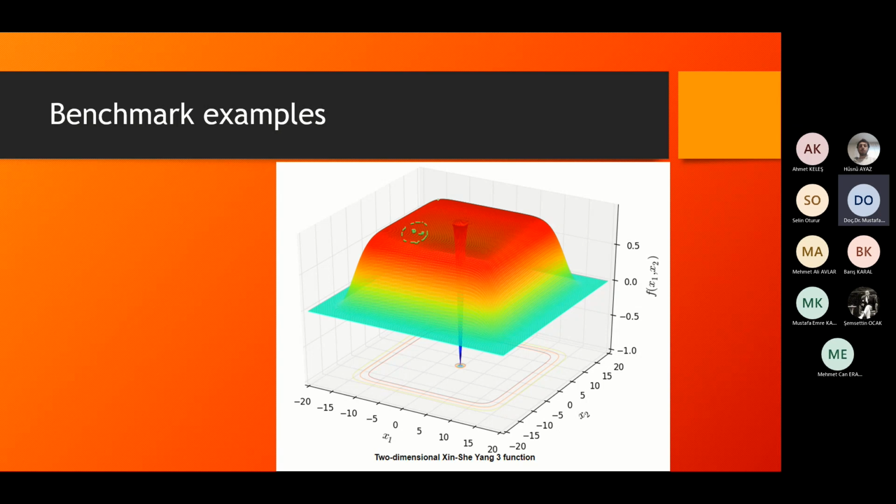If you think that this area is completely flat, but there is a hole in it, like a needle, and the minimum point is here. So even though the algorithm is not improving when you produce solutions, you may never come up with the best solution if you only accept the good ones. So from time to time, you should accept moving around even though the solutions are not good.